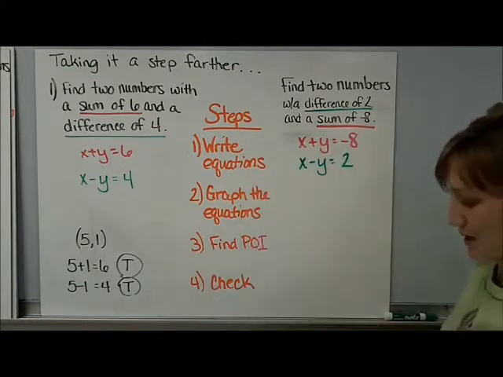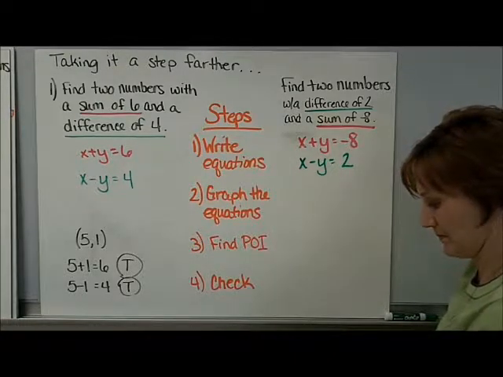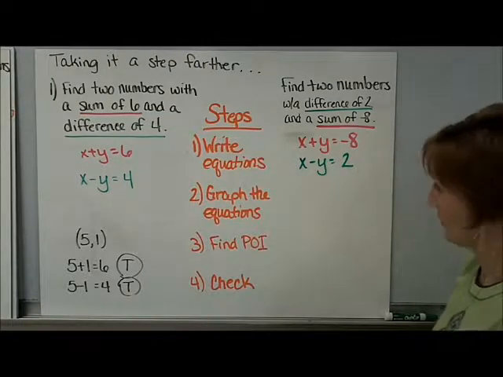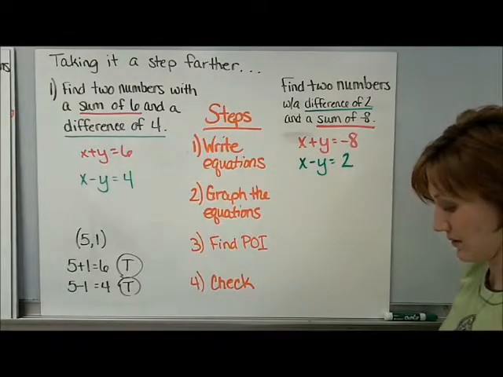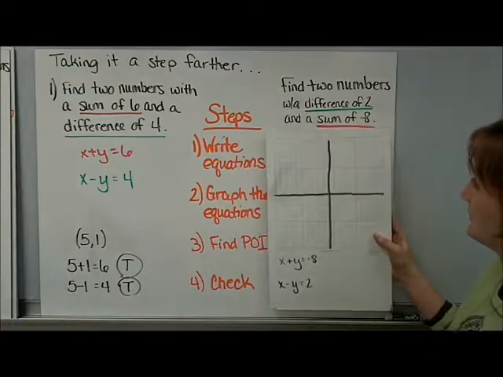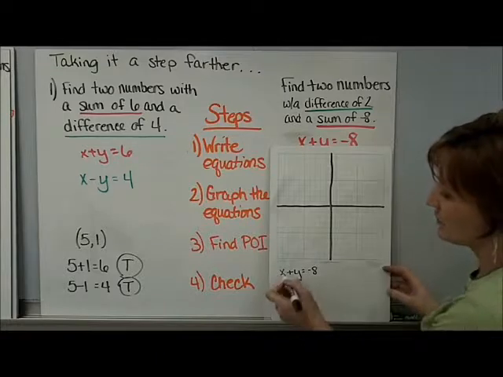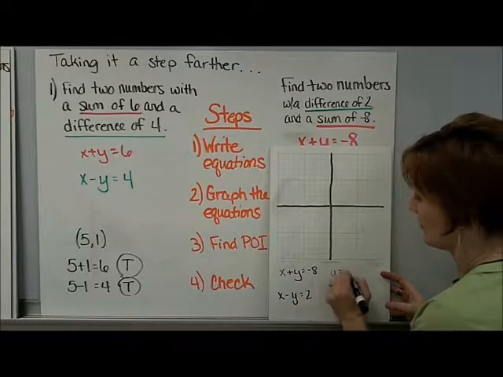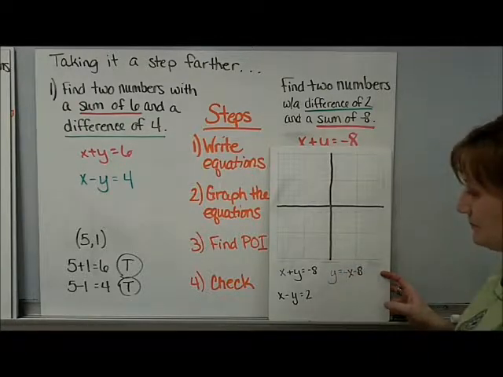So if we go over here and we have those same equations, x plus y equals -8 and x minus y equals 2, we'll need to do some rearranging. If we take this x over to this side, we end up with y equals minus x minus 8.